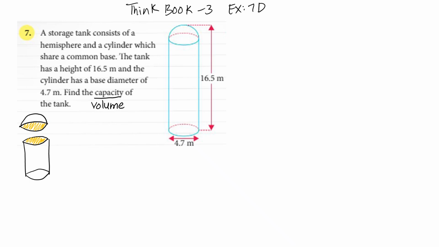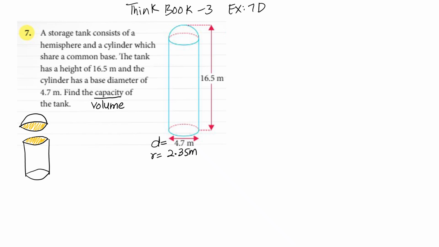Now, common base means, as I have already explained, that the diameter of the cylinder and the diameter of the hemisphere are similar, 4.7. So this is the diameter, as shown in the figure at the bottom of the cylinder: 4.7 meters. So R is half of the diameter, which becomes 2.35.